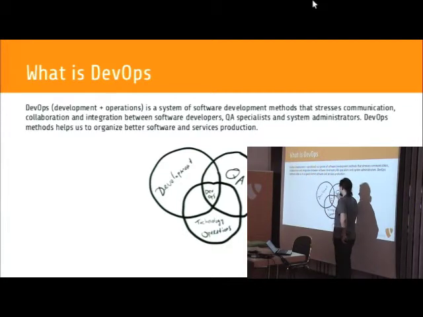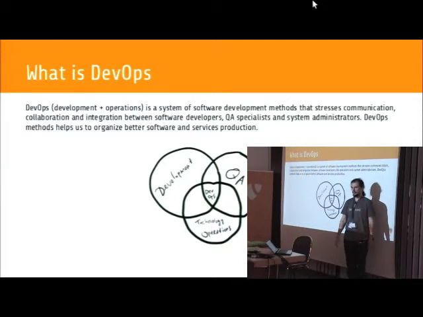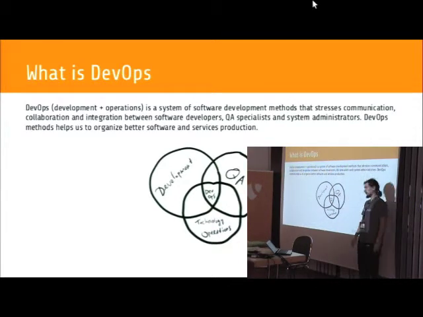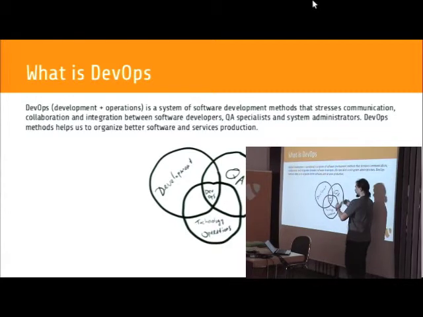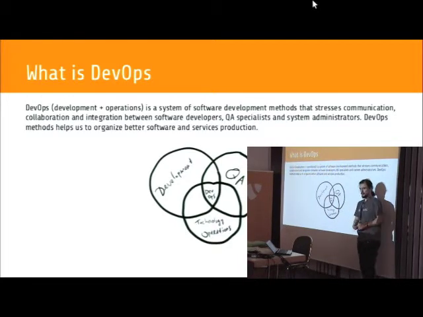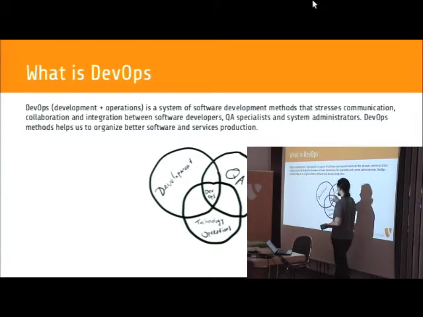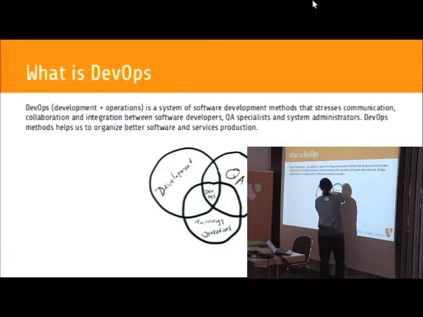So quality assurance is not about code only, but about implementation. And technology operations is the zone of system administrators and people who maintain, who backup, who apply security patches, and who follow the project on the technical basis. And DevOps is here.